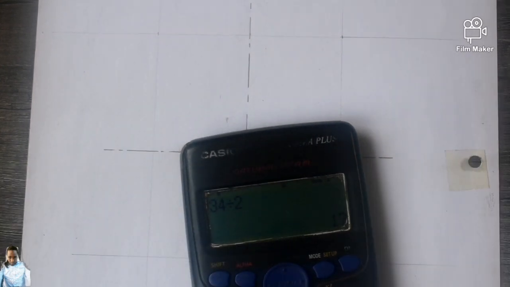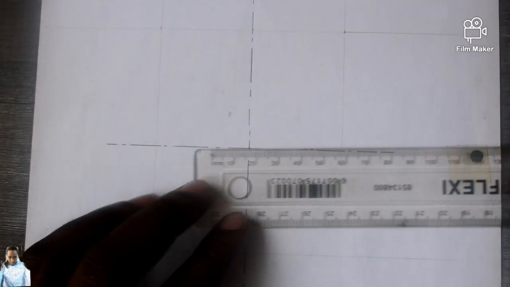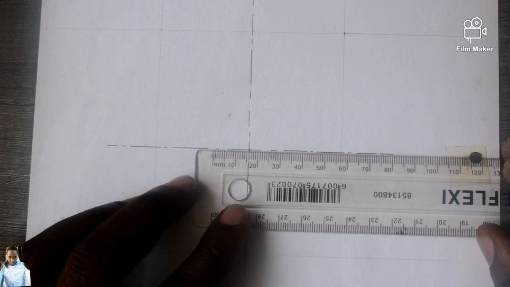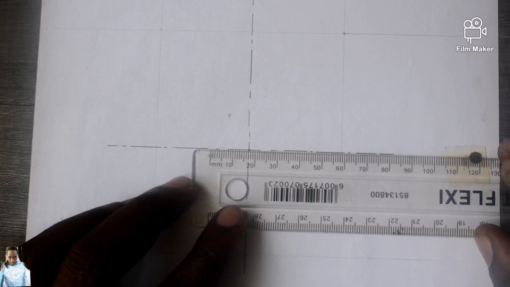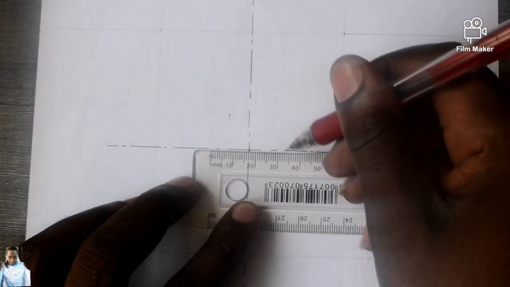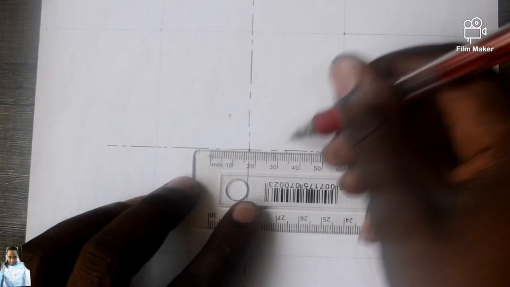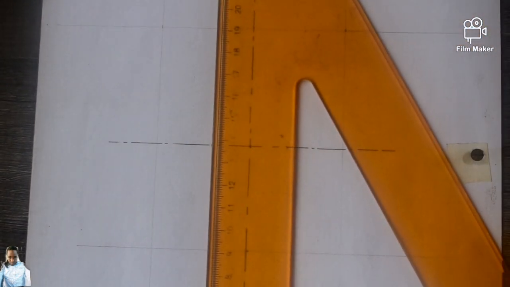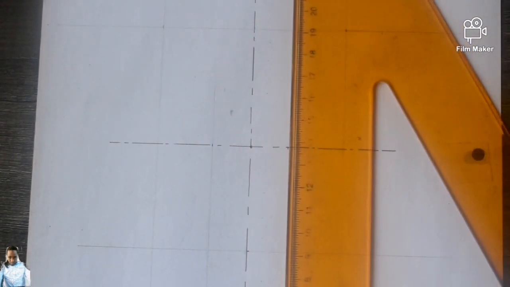So I can say 34 divided by 2, which is 17 millimeter. So now I come and say this is 15, 16, 17 millimeter. So I mark at 34 and I mark at 0. And then from there I can have a faint line like this, have another one like this.